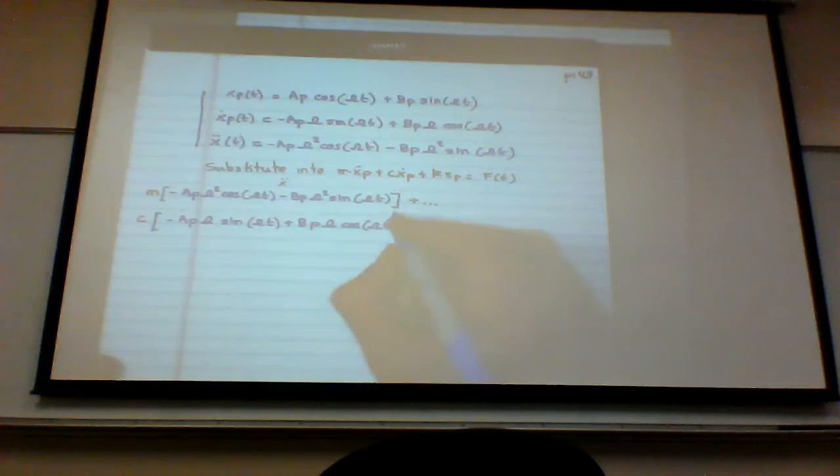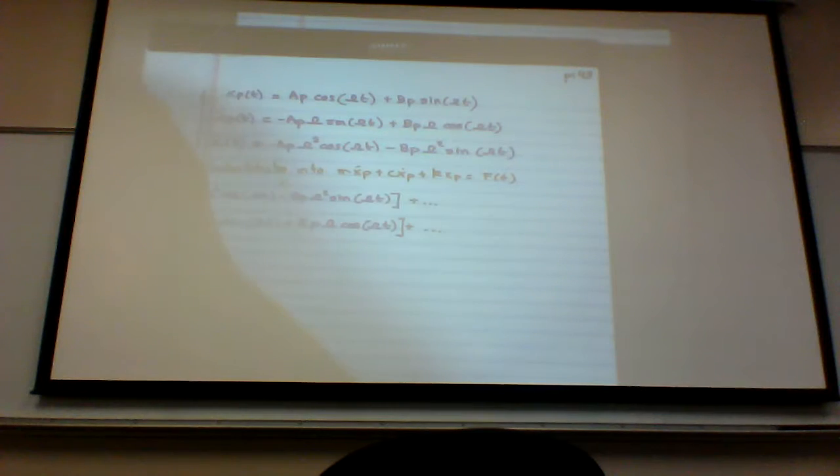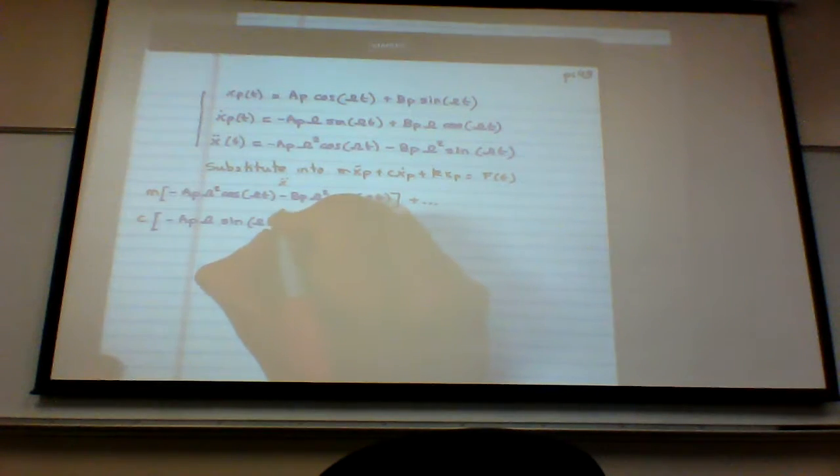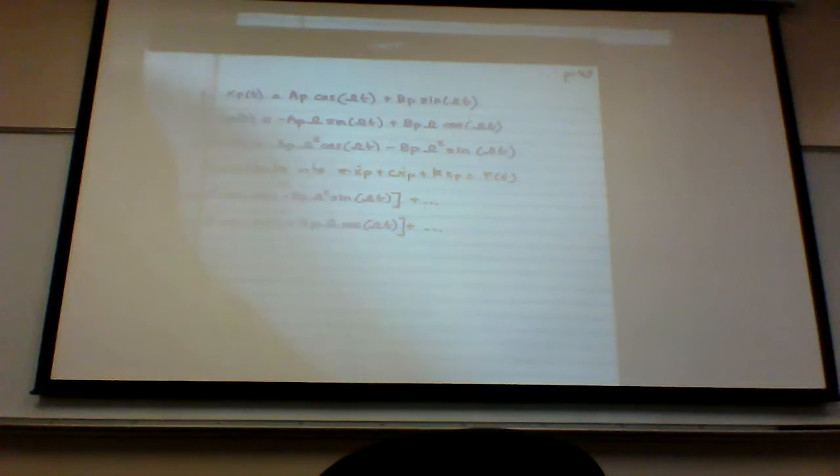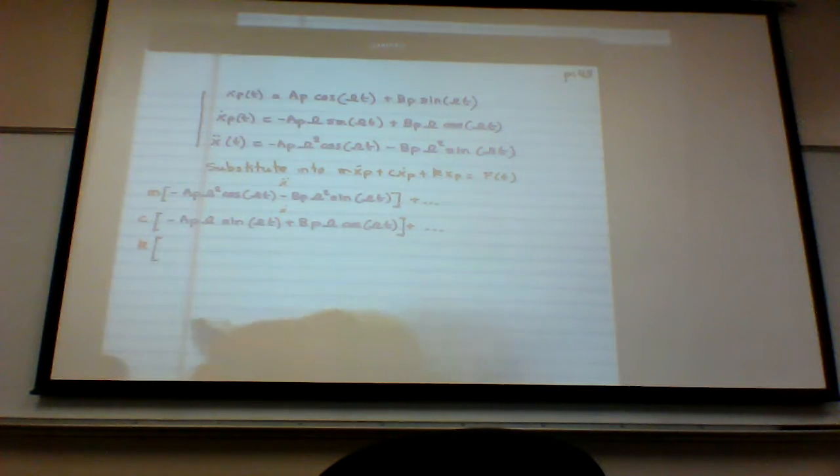I forgot to close the bracket here. All this term is x dot. Then we have k times x, which is A p cosine omega t plus B p sine omega t.